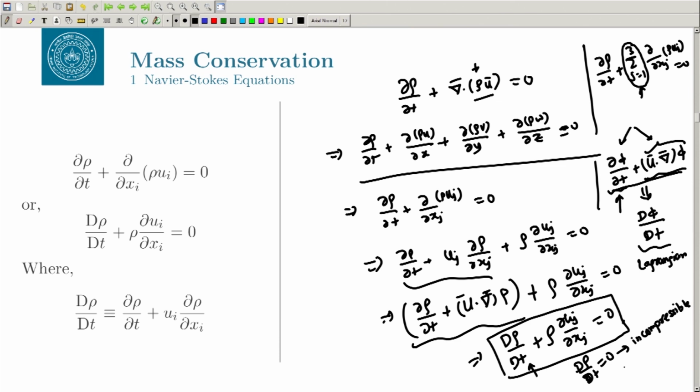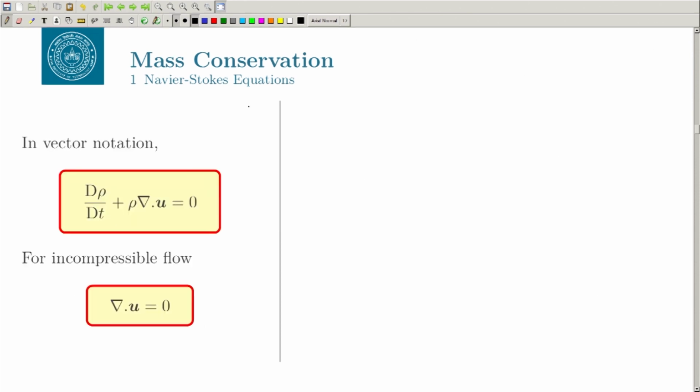That means you will have rho del u j by del x j equal to 0, and rho cannot be 0, so you have the expression del u j by del x j equal to 0. That is your incompressible case, which in vector notation can be written as del dot u equal to 0.